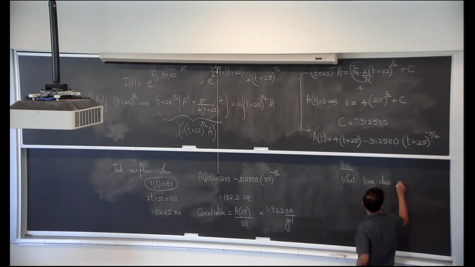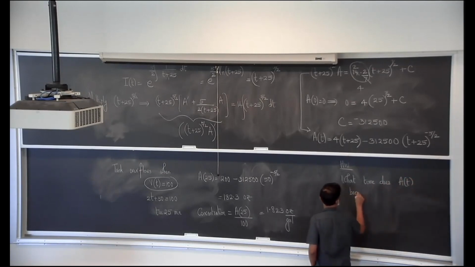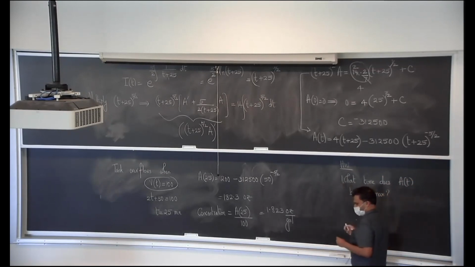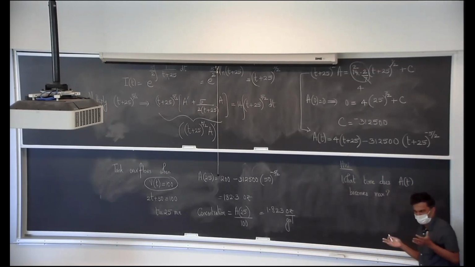The amount of salt in the tank becomes maximum. For some reason, this always throws the students off a little bit. They know how to solve for A of t, but then one of the questions is at what time does it become maximum? How do we do this?